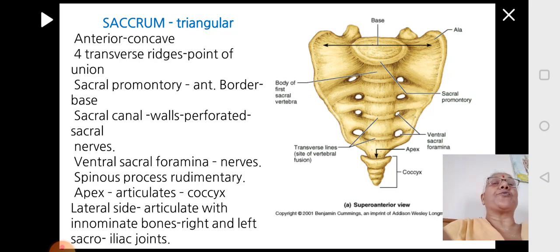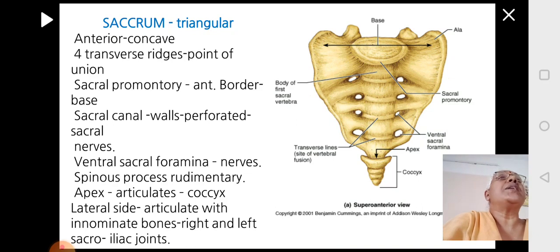Spinous process is rudimentary. Apex will articulate with the coccyx, and the lateral side of the sacrum will join to form the sacroiliac joint between the sacrum and the ilium part of the pelvis bone.